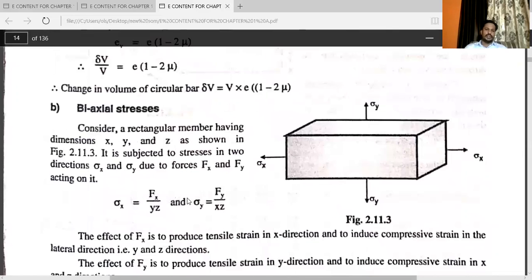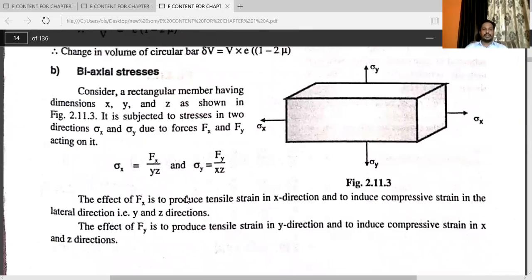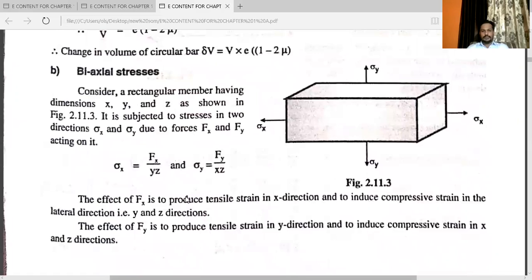Now you can see here for biaxial stresses. Please observe this diagram very carefully. Sigma x is given, sigma y is given: sigma x is the stress acting along the x-axis, and sigma y is along the y-axis. This is a rectangular member having dimensions x, y and z as shown in the figure.